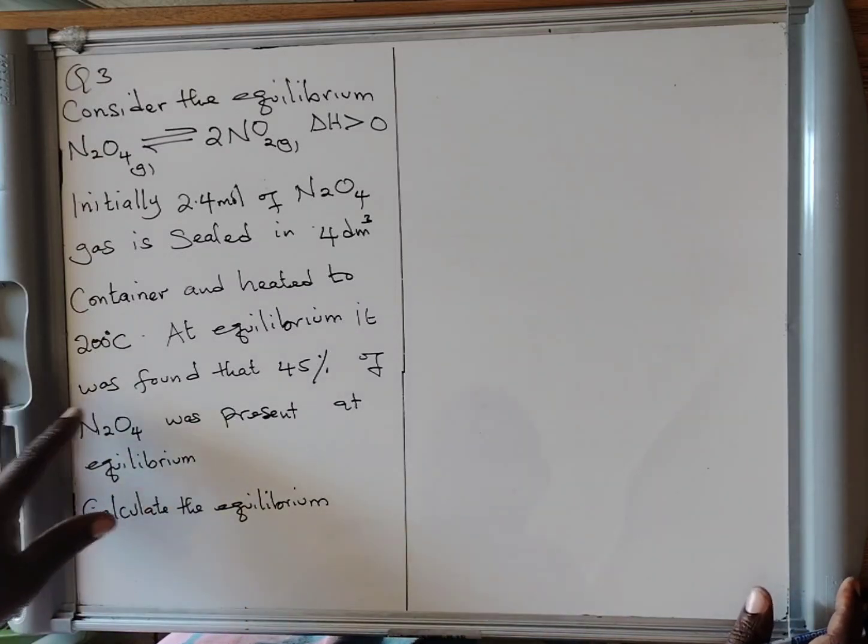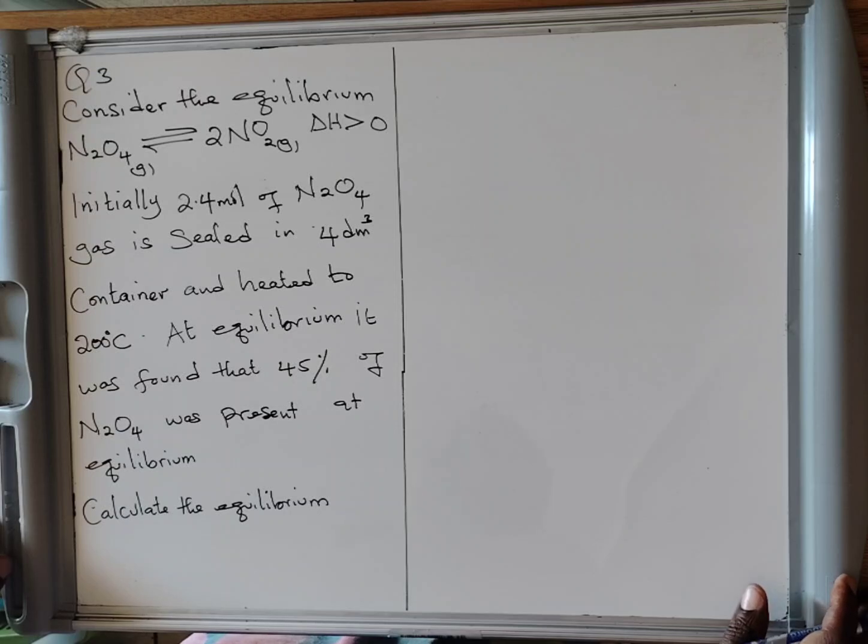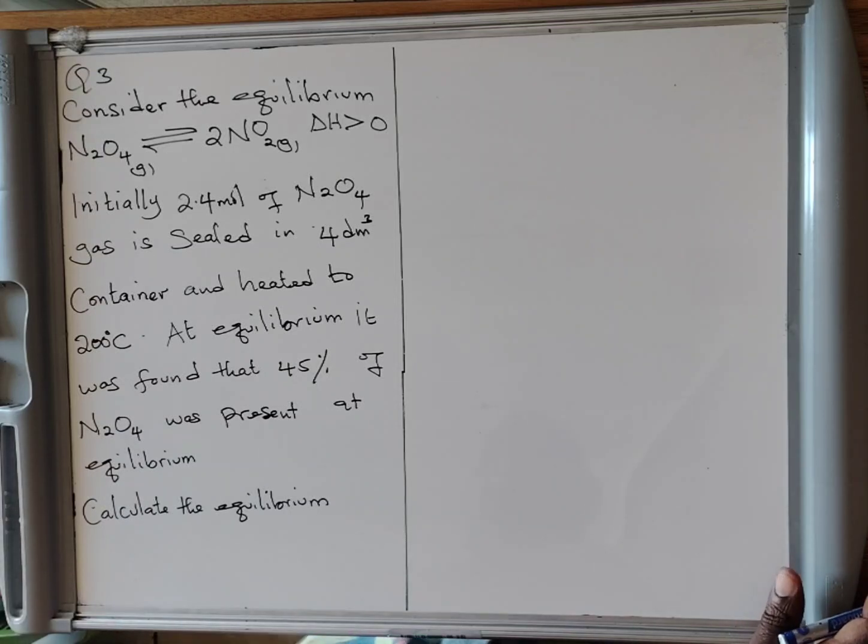At equilibrium, it was found that 45% of the dinitrogen tetroxide was present. Calculate the equilibrium constant.